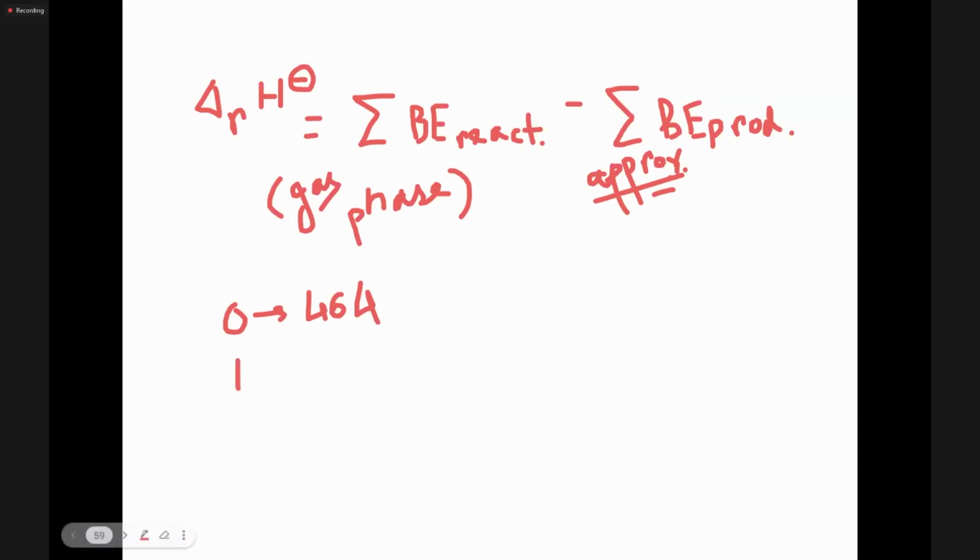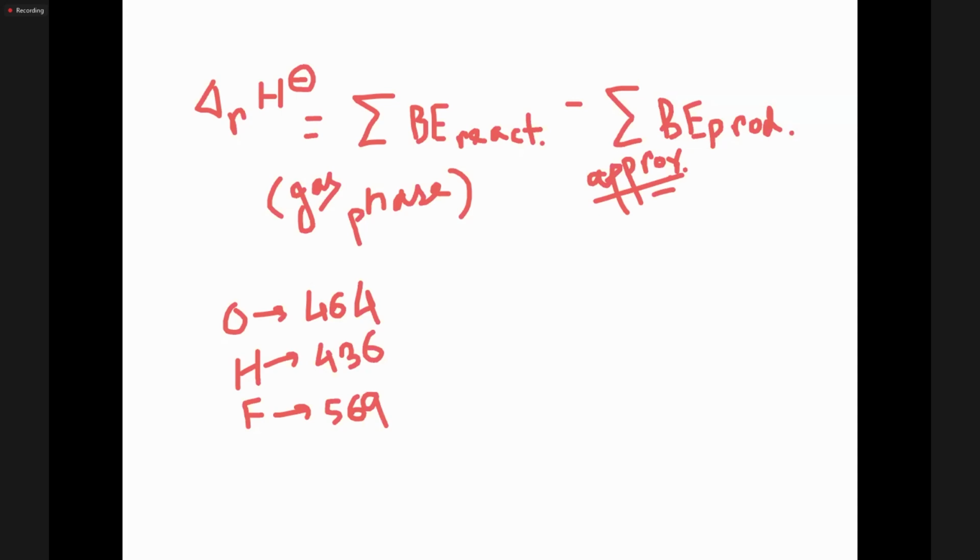In case of hydrogen, the value is 436. In case of fluorine, the value is quite high, 569. Likewise, we can tell the mean bond enthalpy values.